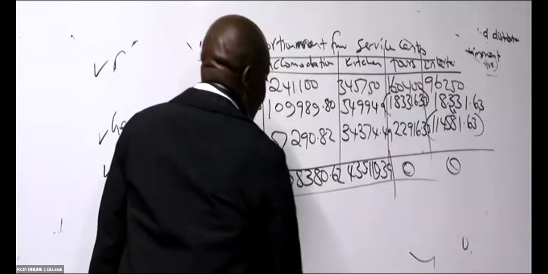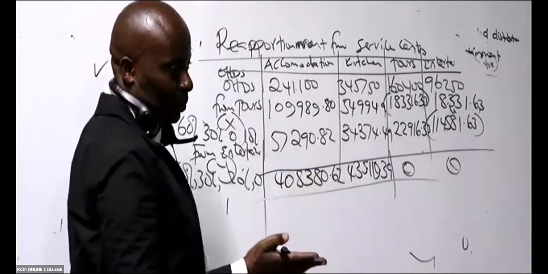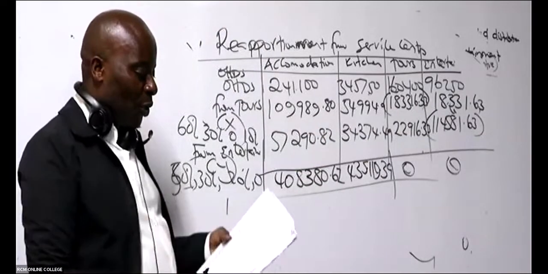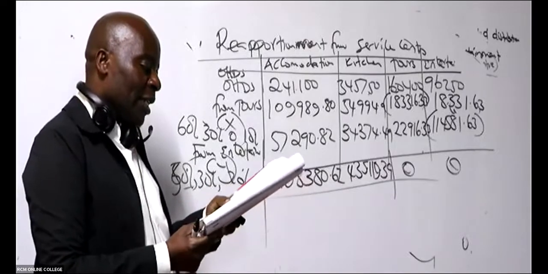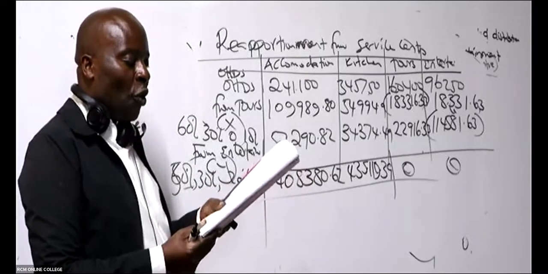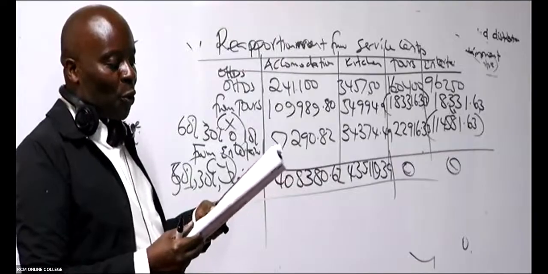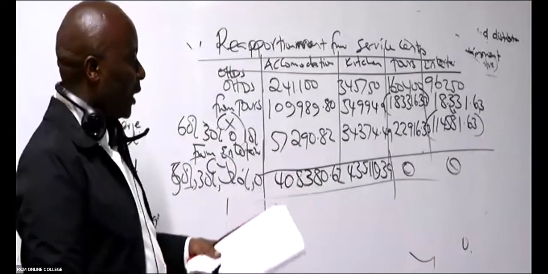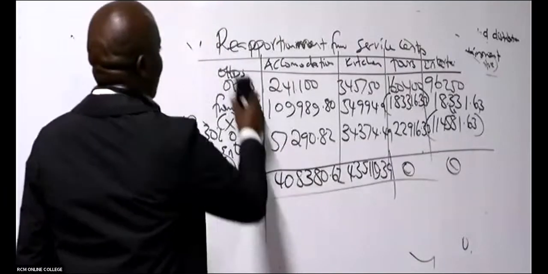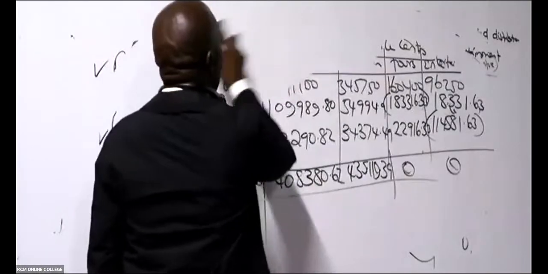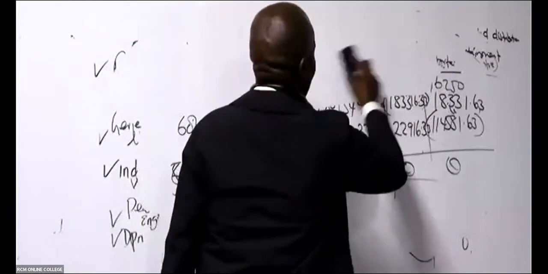Now, with your permission, of course, the others are 0. If you confirm the others are 0. Now, you can see the last part. They want us to calculate the appropriate overhead absorption rates for accommodation and the kitchen. So how do we get OAR?